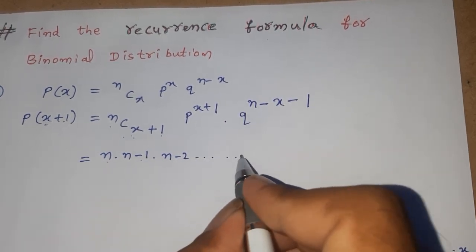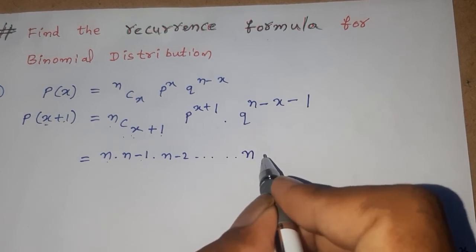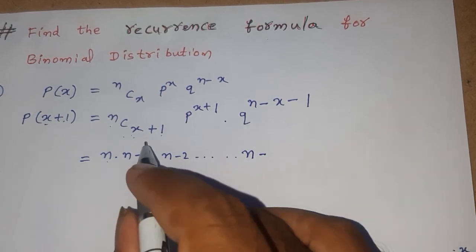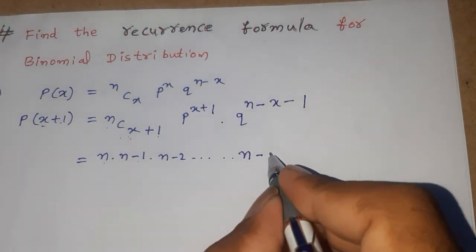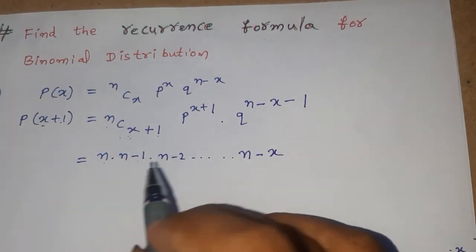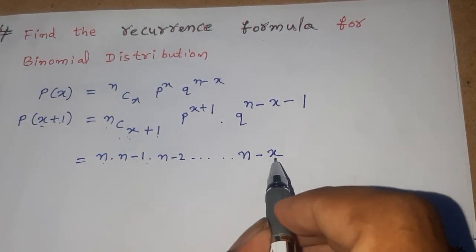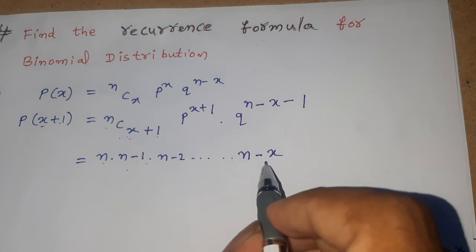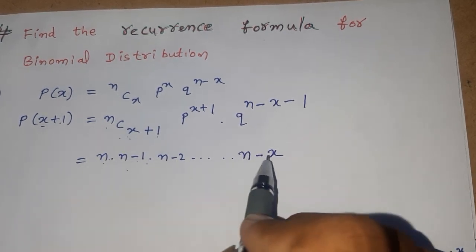What is the x plus 1th term? The x plus 1th term is n minus x. In the denominator, 1, 2, 3, and so on up to x, these are all x terms, and this is the x plus 1 term.